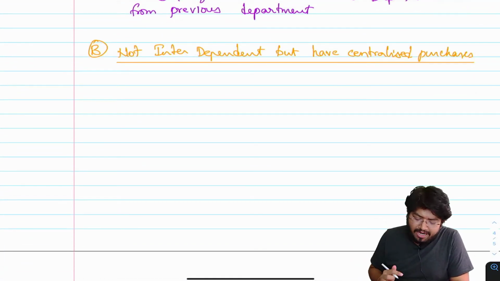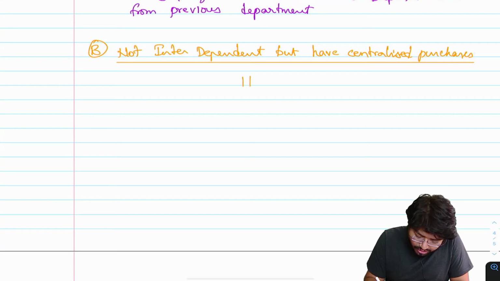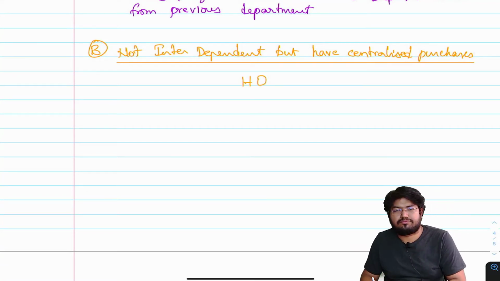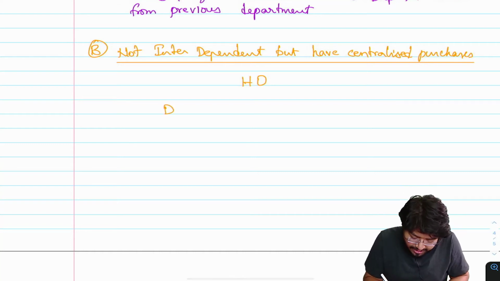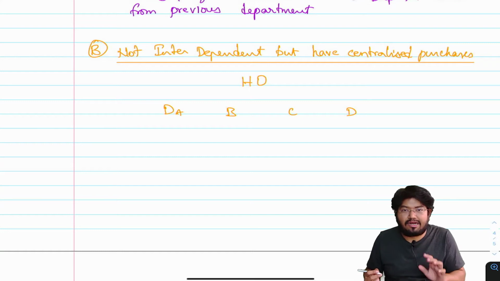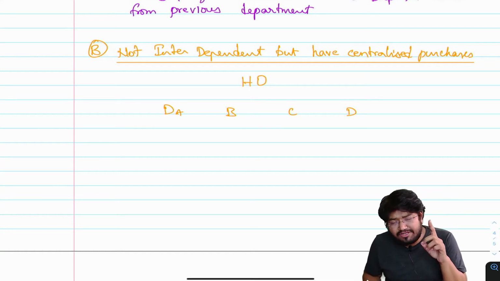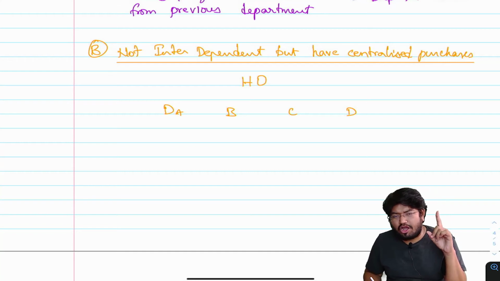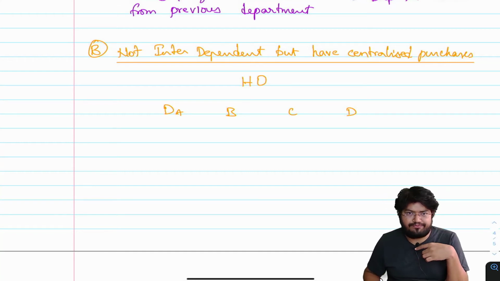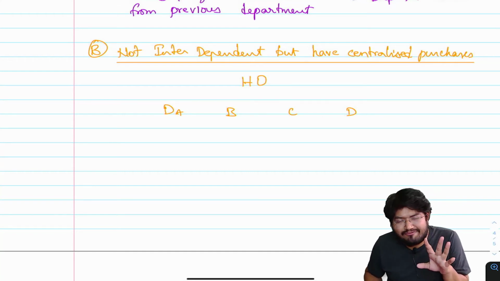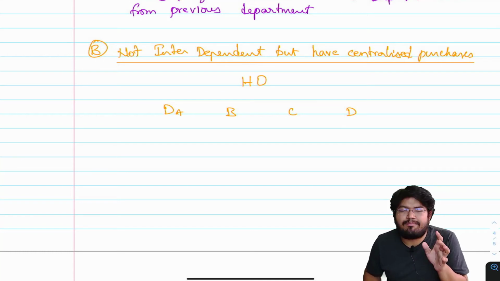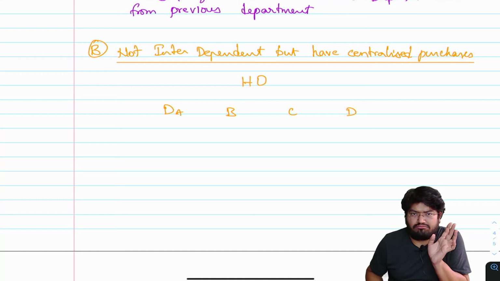When you have departments, there is a head office also. There is a head office and there are departments. Department A, B, C, D. Say for example, there are 4 departments. Head office will go and purchase whatever stock is required for each of these departments, and head office never wants to let those departments know at what rate they actually bought.